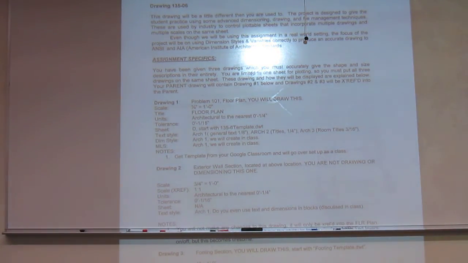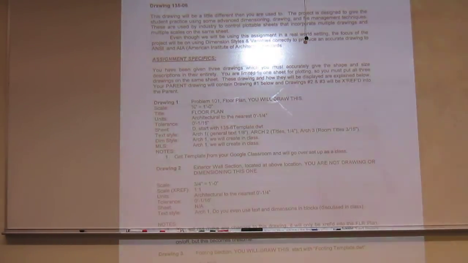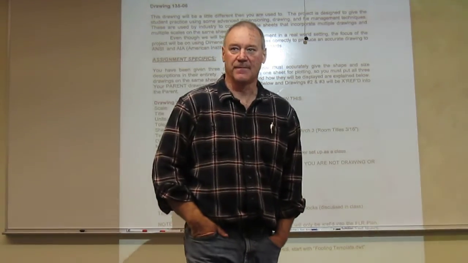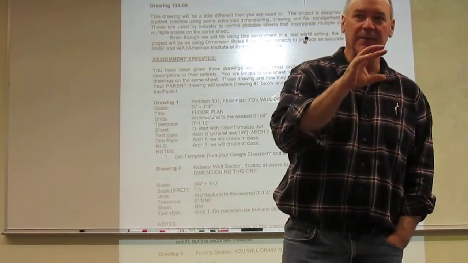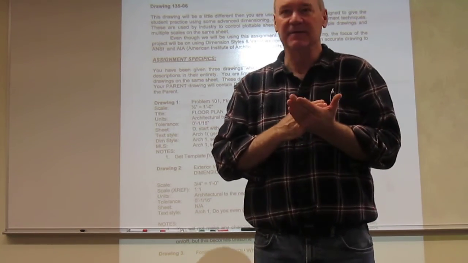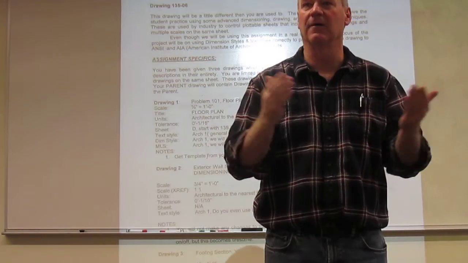In essence, we're going to switch to the architectural world here, but what we're really going to do is dimension something and have multiple scales on the same sheet. Now, at the end of the day, when we print a drawing, it doesn't matter what my scale is, my arrowheads are always an 1/8, no matter what the scale, right?